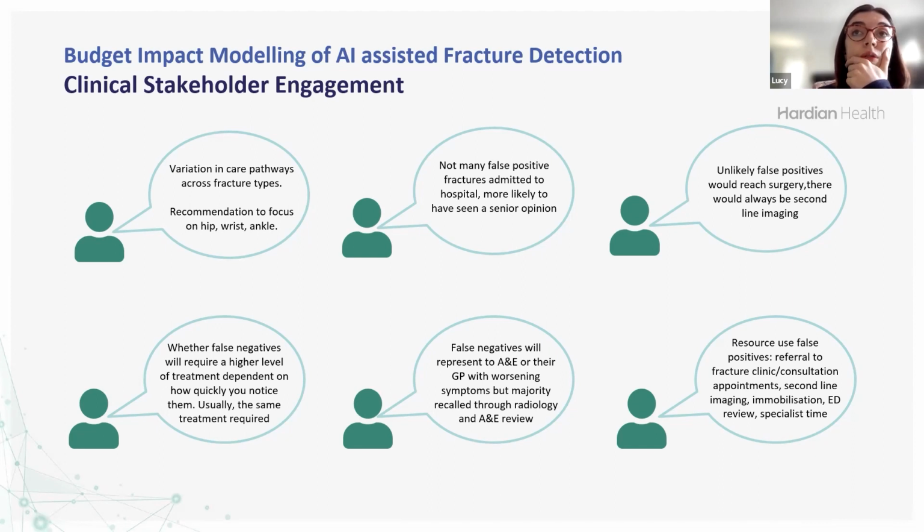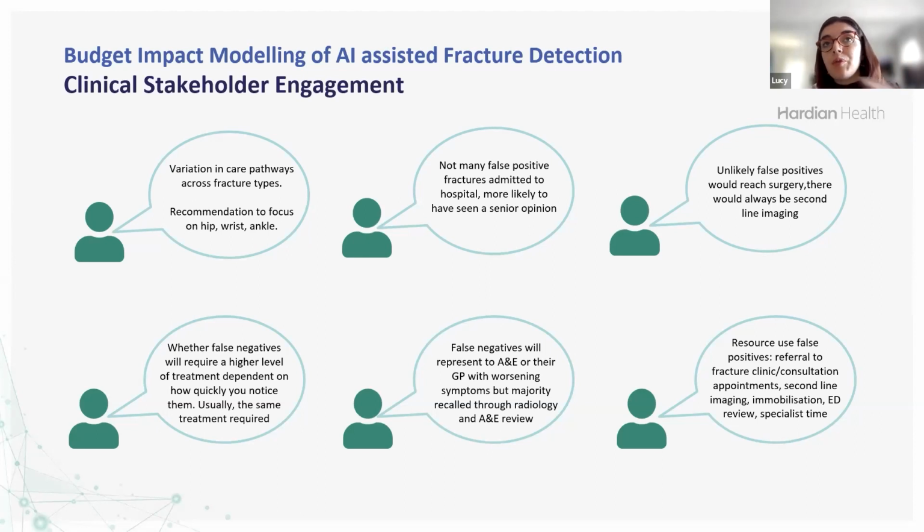And so as a result, we chose to focus on a few, and they all independently recommended that we focus on hip, wrist, and ankle.